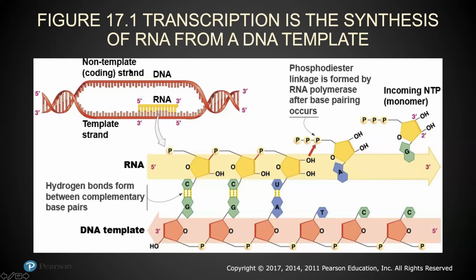I like to refer to it as the non-template strand. That's not the one we will be using to make our RNA. Rather, we will be using the one down here on the bottom that's running 3' to 5'. That way you can see I can build my RNA strand from the 5' end to the 3' end. So we'll keep adding our nucleotide bases over at this end of the RNA molecule.